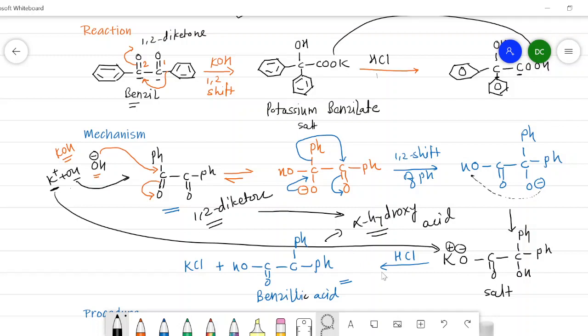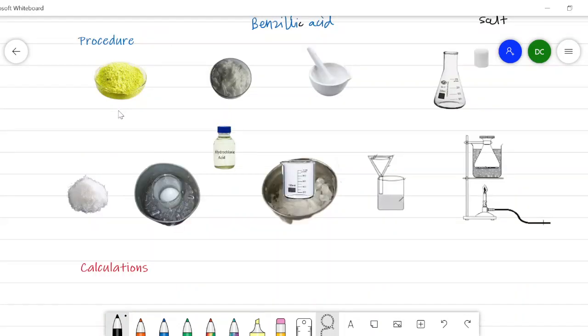Now we will see the procedure of this benzilic acid preparation. This is the pictorial representation of the procedure. I will write here the names of these compounds. It is benzil. It is KOH.